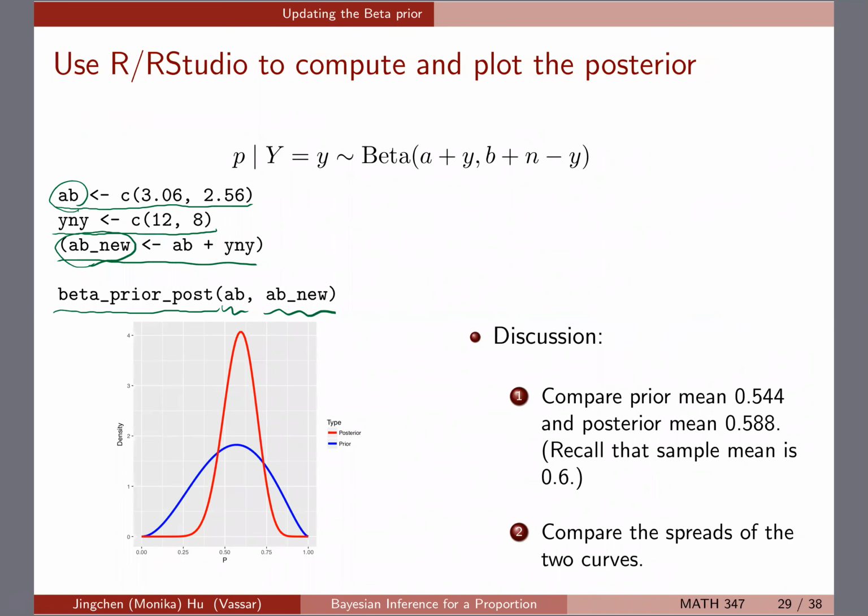And the reason the posterior has a smaller spread is that you can think of it as how the data is really helping us to sharpen our belief, okay? When we start, we have really no idea, even though we use the beta function to represent as much as we can, but overall it still has a wider spread, meaning that we have higher uncertainty about our belief of this unknown parameter.